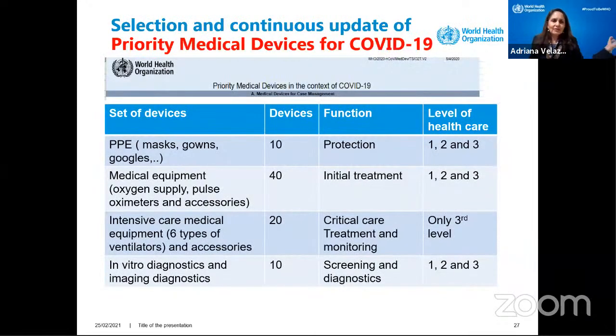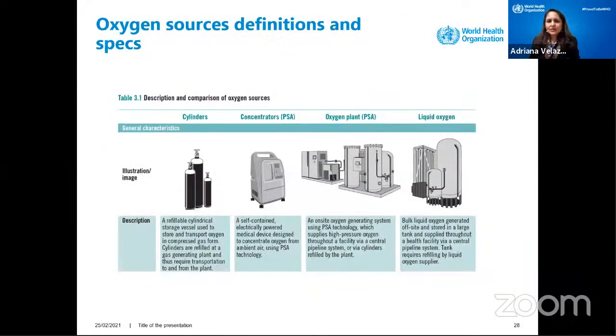For PPE, which ones do we need and at which levels of care do they need to be used? Where is the medical equipment? Where are the intensive care and the ventilators, the high flow nasal cannula, etc.? And then also in vitro diagnostics and all the imaging diagnostics. We searched for the sources of oxygen that we could use. And as you have all seen in the news, oxygen is really, really needed all around the world.